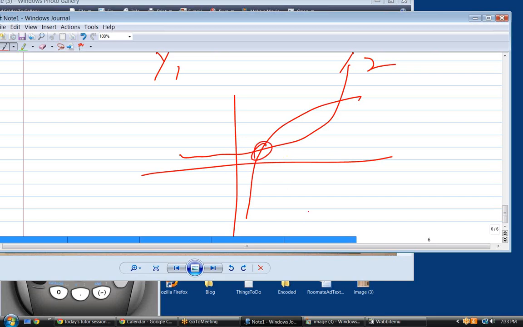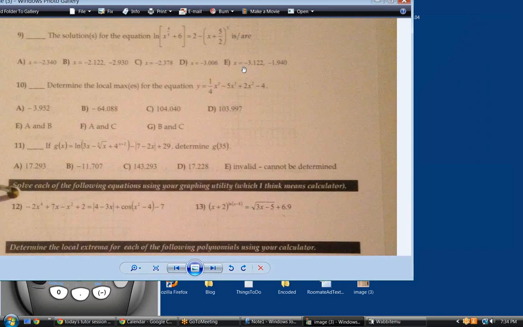There's going to be a solution there and another solution there. So it's possible you'll get two intersection points. So make sure when you graph it, you use a scale where you can see a possible second intersection point.